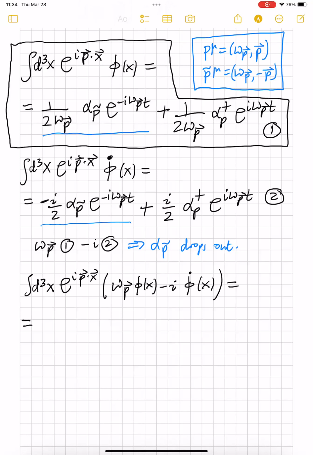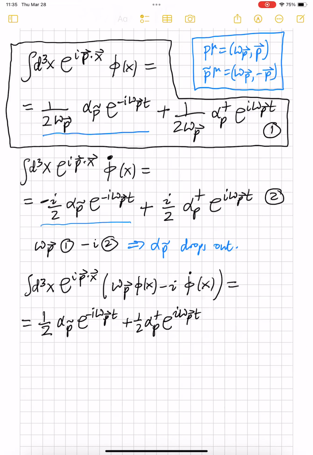Let's just write it all out. So omega p times equation 1 will give us 1/2 alpha p tilde e to the minus I omega pt. And then omega p times the second term will be plus 1/2 alpha p dagger e to the I omega pt. Then we've got minus I phi dot.